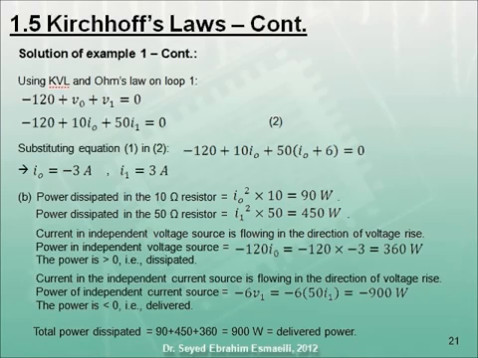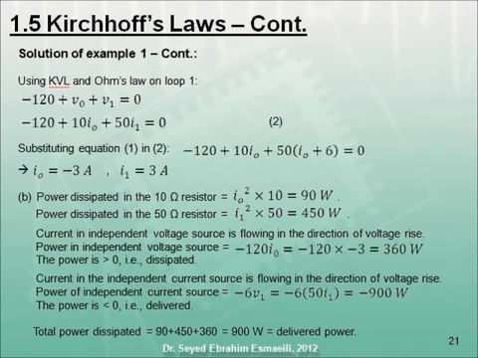This is the second equation. In writing this equation, we have assigned a positive sign to voltage drops in the direction of the loop. Solving these two equations for I0 and I1 yields I0 equals minus 3 amps, I1 equals 3 amps.